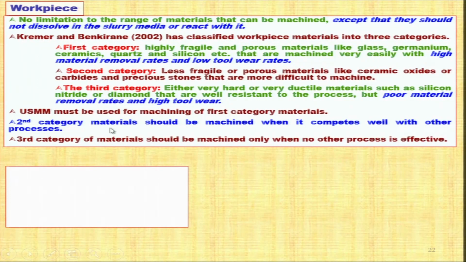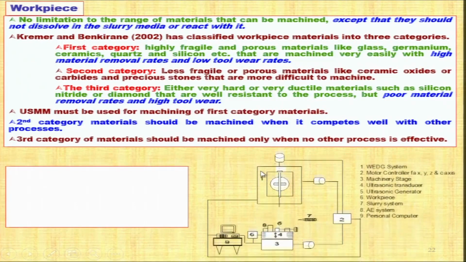And the third category of material should be machined only when no other process is effective, because there are many processes which can be used for micromachining. Say abrasive jet micromachining, or for electrically conducting materials, electrochemical micromachining, electric discharge micromachining and so on.